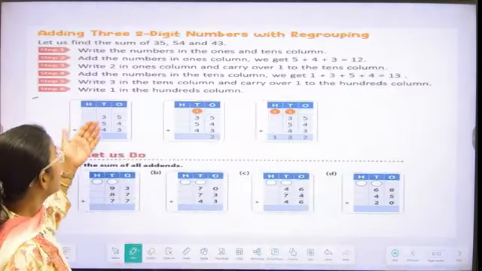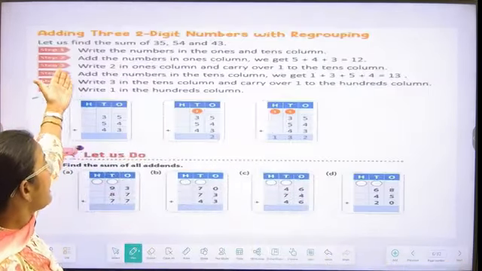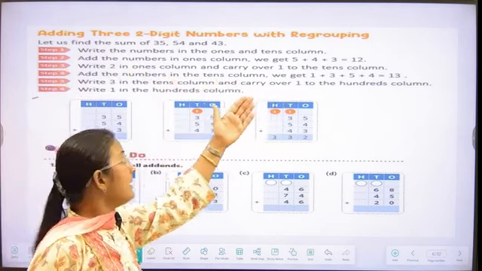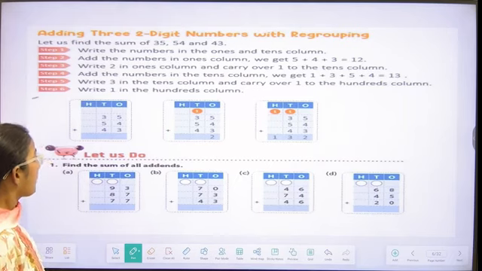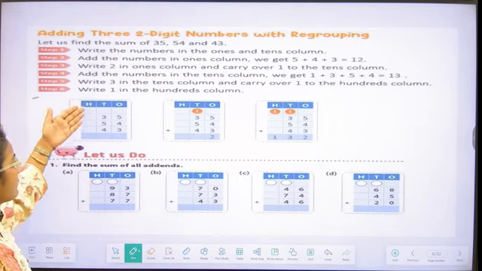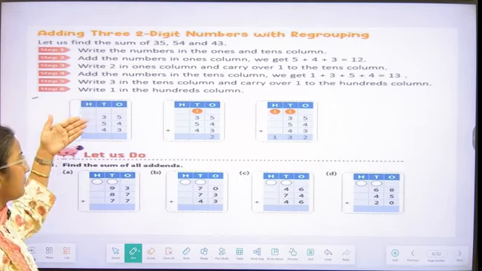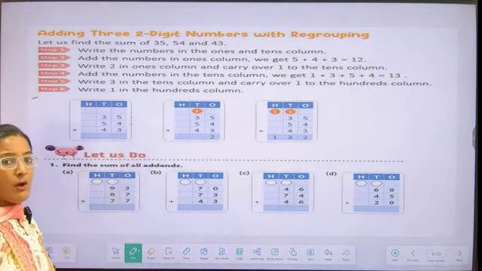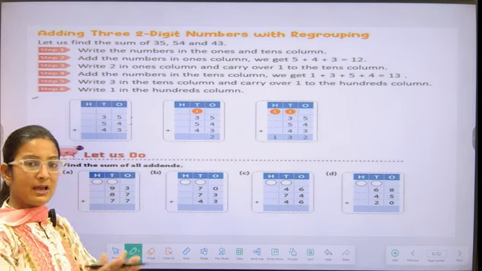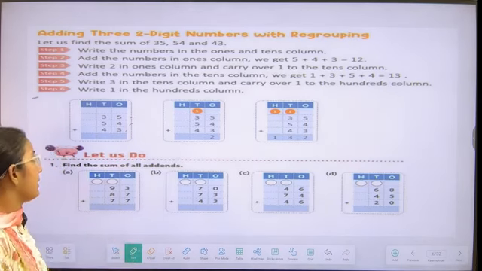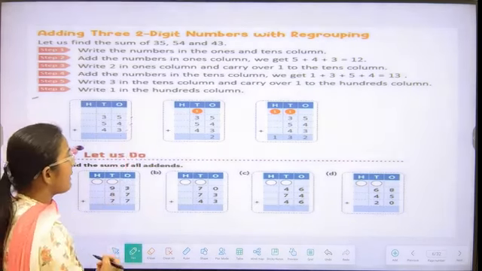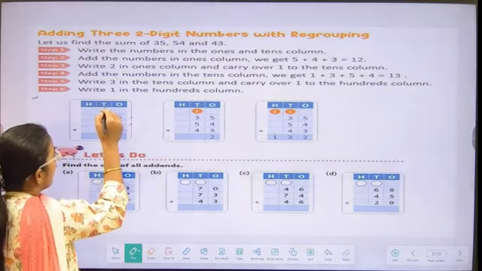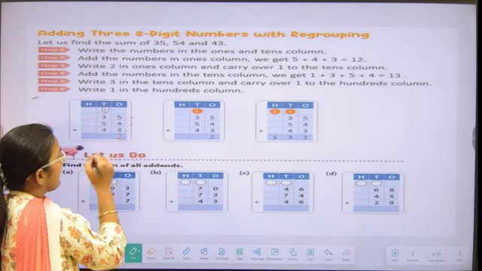Let's move further. Now we are going to understand adding three two-digit numbers with regrouping. Let's do the first one. We have three numbers: 35, 54, and 43, students. Let's start adding with the ones place value. 5 and 4 will make 9, 9 and 3 will make 12. So 1 is carried over and 2 is written at the ones place.